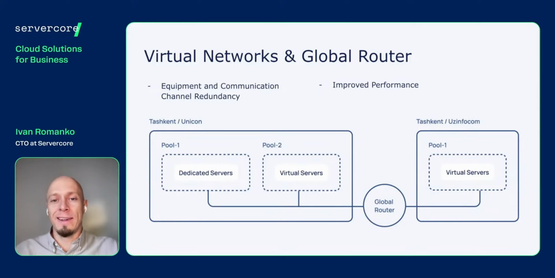But what they do have in common are networks. Global router is a feature which enables you to connect virtual machines with cloud servers within the same region, within one availability zone, or in multiple availability zones.